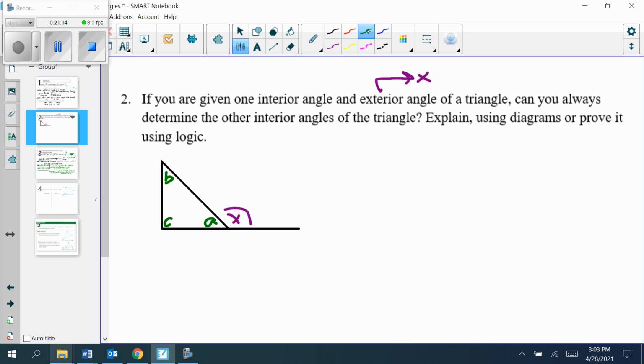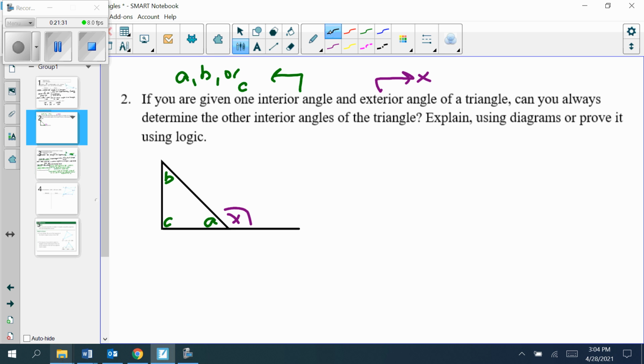So this is if you're given A, B, or C. If I'm given one of those and X, can we always figure out everything else for the triangle? And it says, explain using diagrams to prove it using logic.